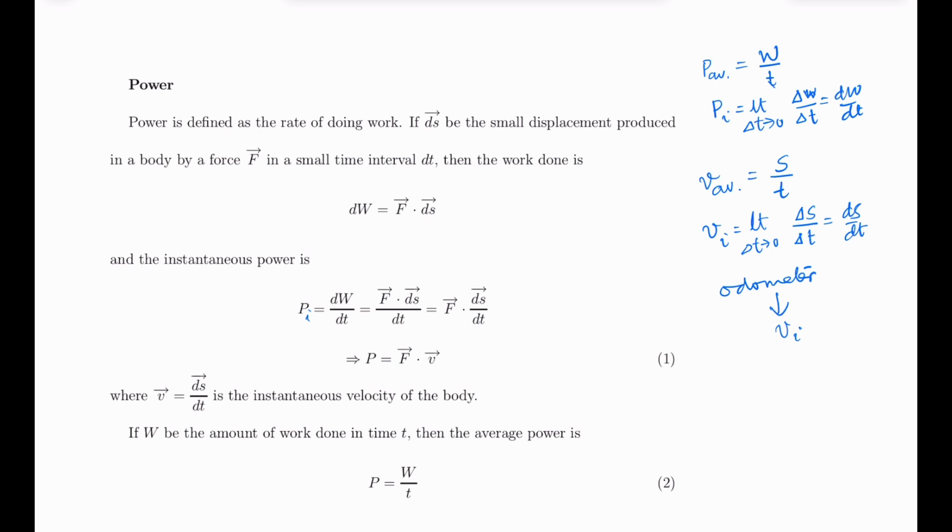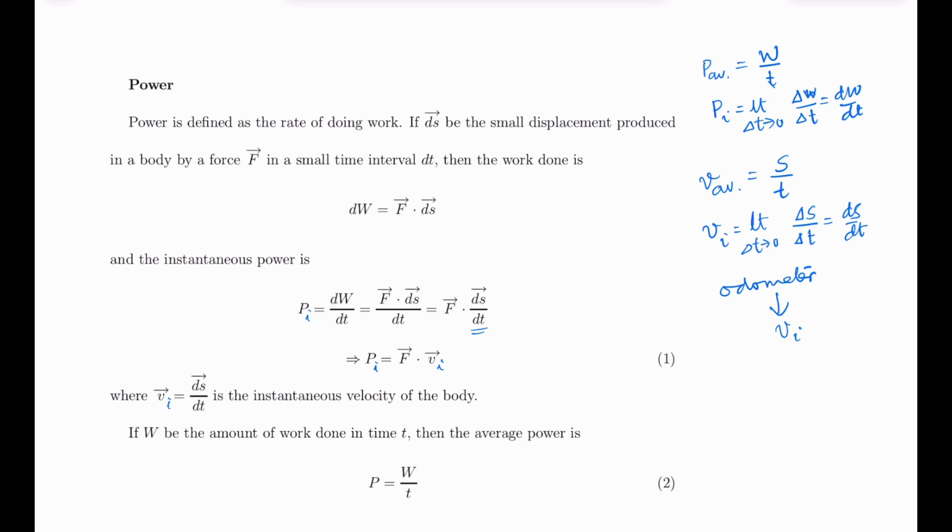Put for dw, this is F dot ds upon dt. Now ds upon dt is nothing but the instantaneous velocity vi. So pi is F dot vi, where vi is ds upon dt, the instantaneous velocity of the body.